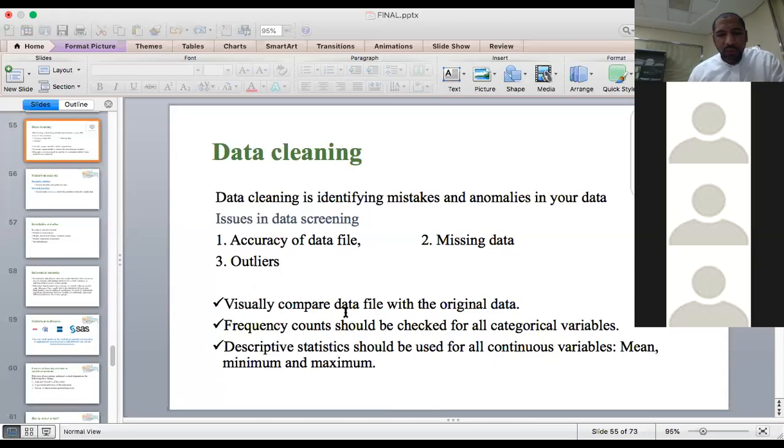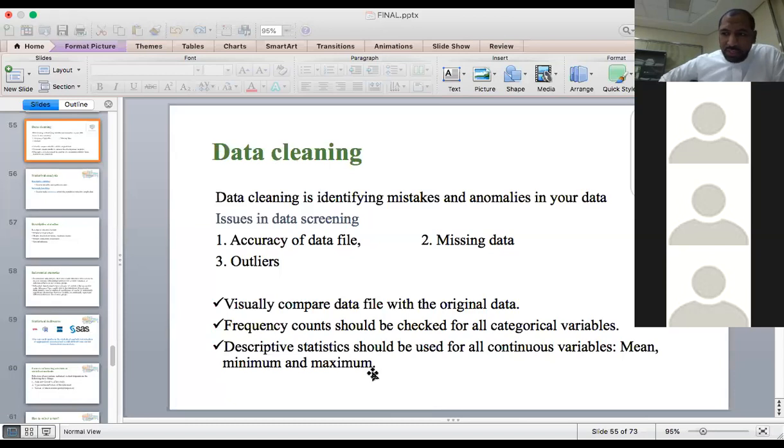Frequency counts should be checked for all categorical variables. And then we perform descriptive statistics, for example the minimum, the maximum, the mean.